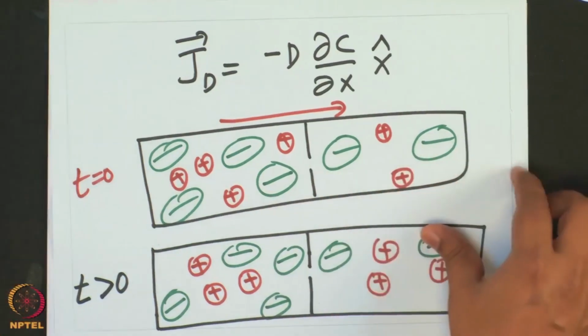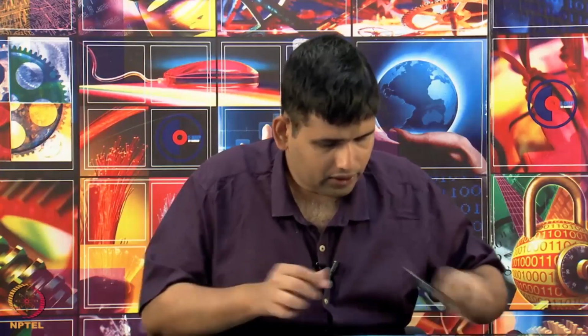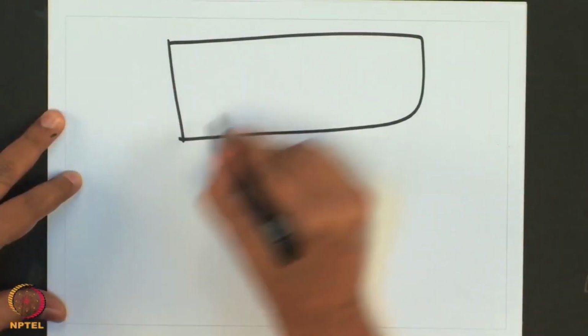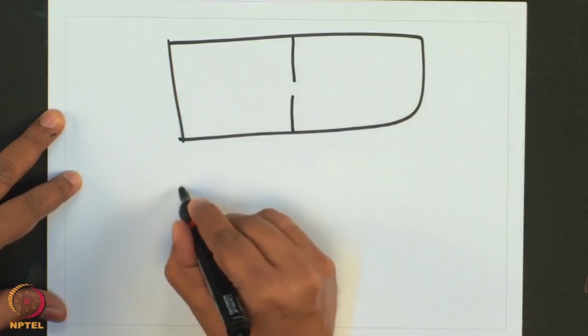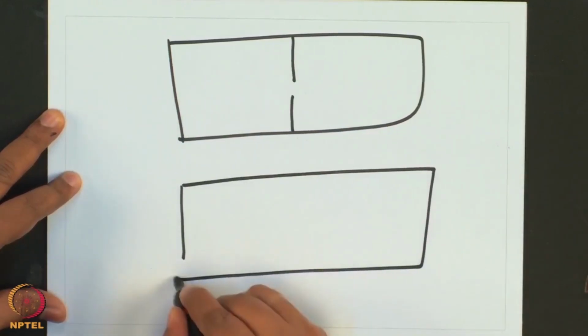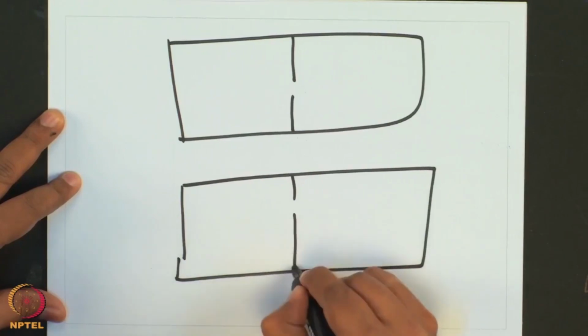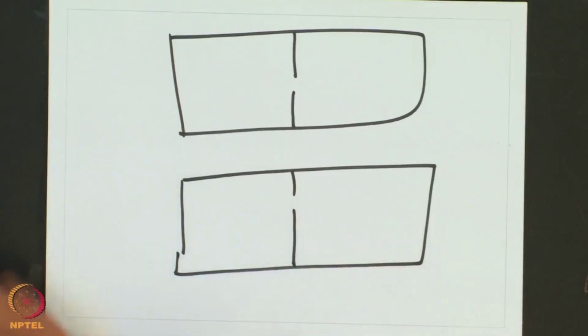So let me redraw this just for us to understand. This is the situation at t equals 0, and the situation at t greater than 0, I would draw here.